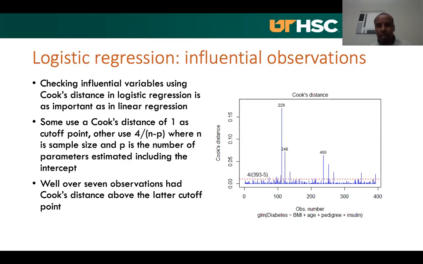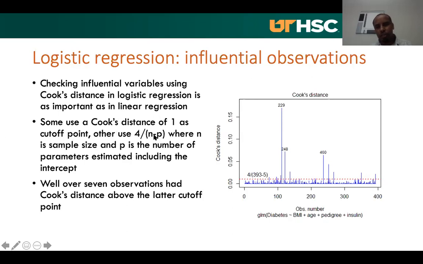So the Cook's distance tells us whether a given observation is an influential observation or not, or whether it significantly affects the beta coefficient that's estimated. Checking influential observations using Cook's distance in logistic regression is as important as in linear regression.